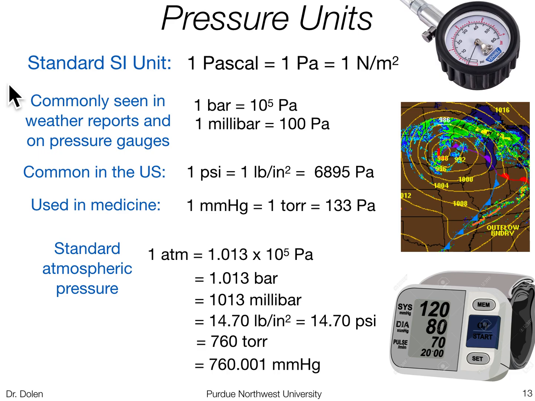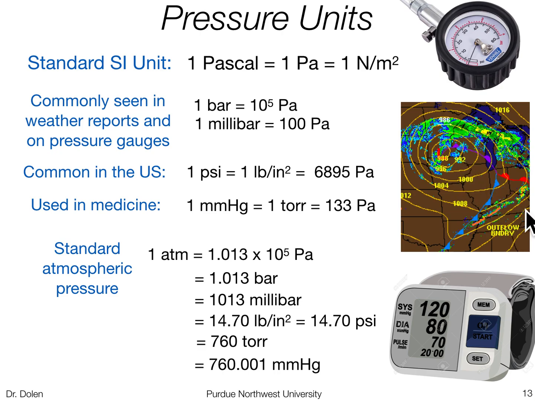So as we talked about already, the SI unit, right, is the Pascal, which is 1 Newton per meter squared. But then if you go to a different field, for example, if you look at a weather report and you look at the pressure of air, right, we have 900 over here, we have 1,000 over here, we see these pressure changes given by the yellow lines on this weather map.